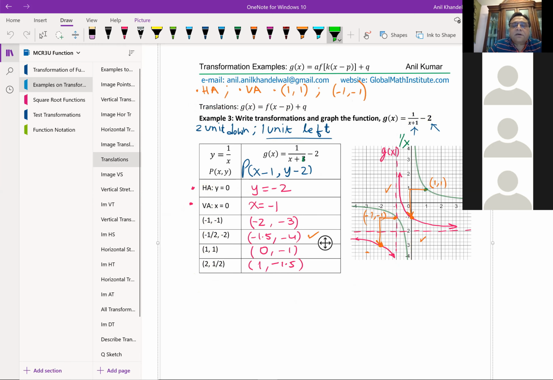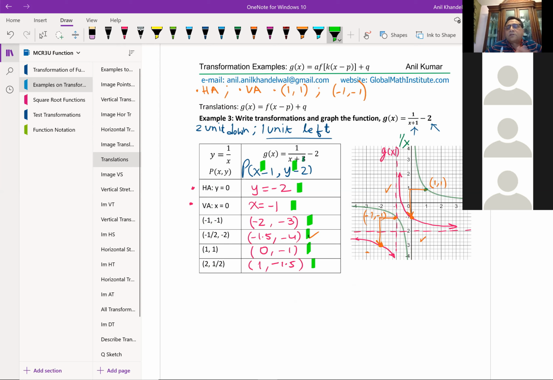So it's messed up, but you can see very clearly that -2 is your horizontal asymptote, vertical asymptote at -1, since we shifted 1 unit left and 2 units down. Makes sense. Did the same calculation, got the other points. Plotting those points, we have the graph in pink from green, which represents your transform function.